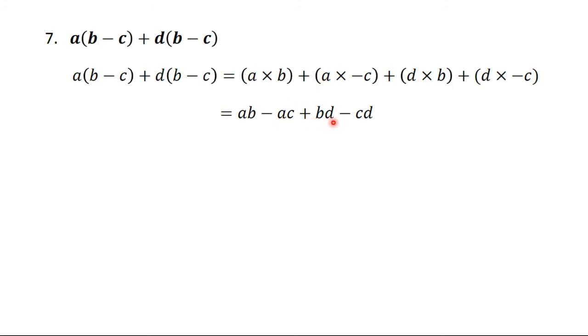Then plus d times b, that's going to give us bd. Remember we said that if there are variables, the variables are listed in alphabetical order. So it is bd, not db. Then we have d times minus c to give us minus cd, not dc. So we can see from here that there are no like terms here. So we can't add any further.